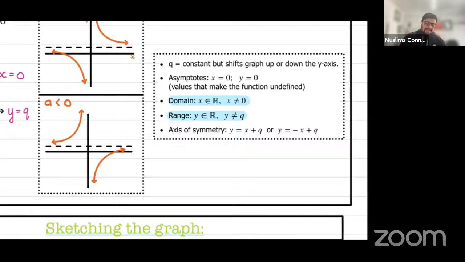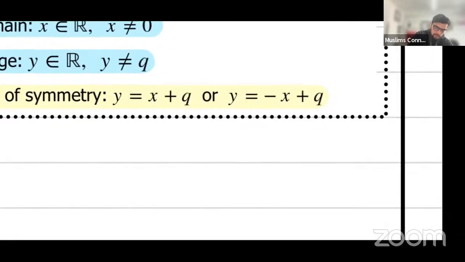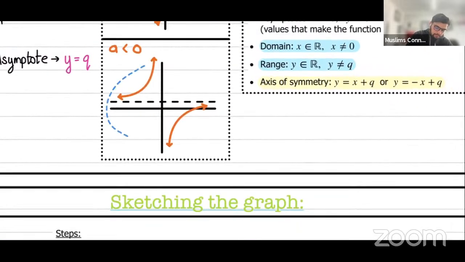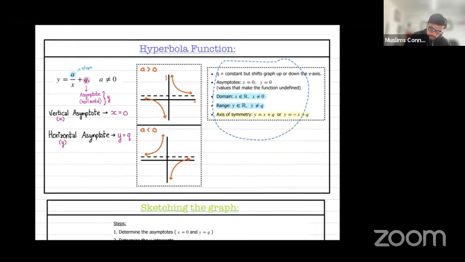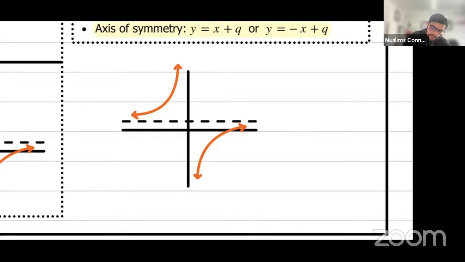Each graph has an axis of symmetry, and they are y is equal to x plus q and y is equal to negative x plus q. So if we have this as our function, let's have a look at what the axis of symmetry would look like. The axis of symmetry always passes through this point right here.